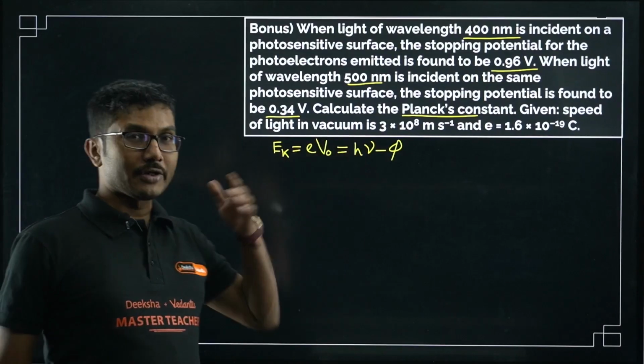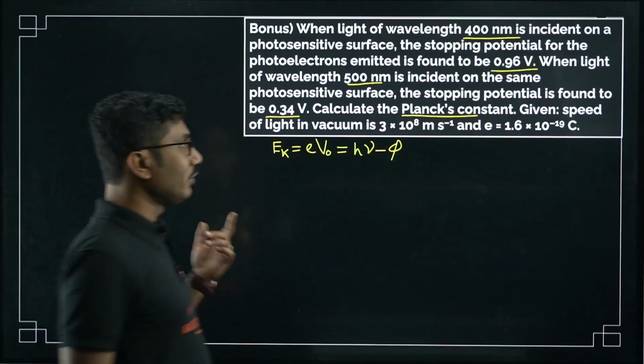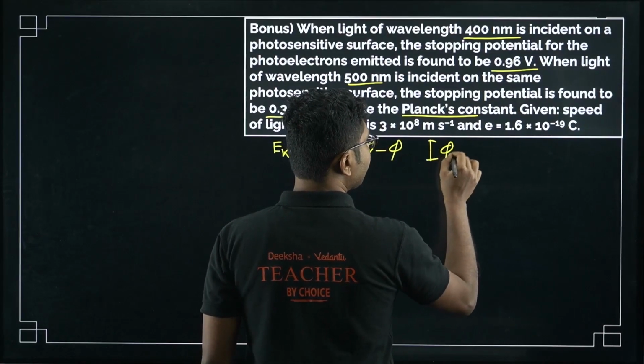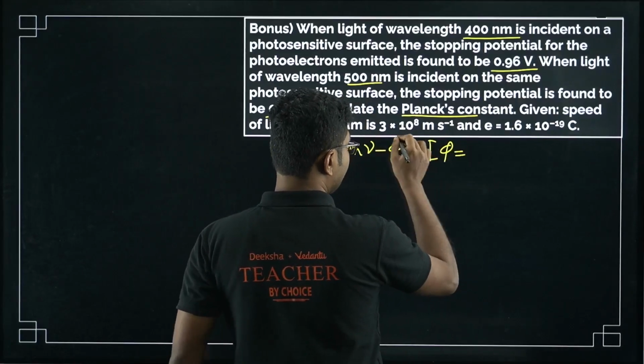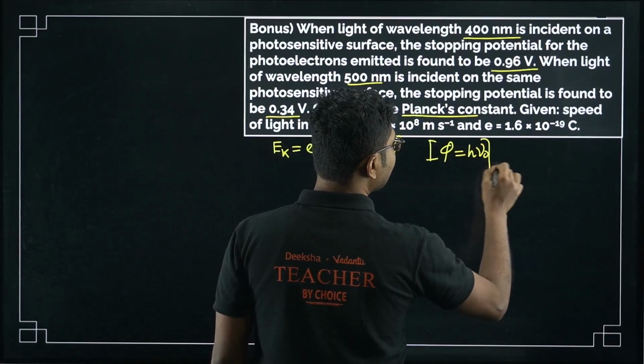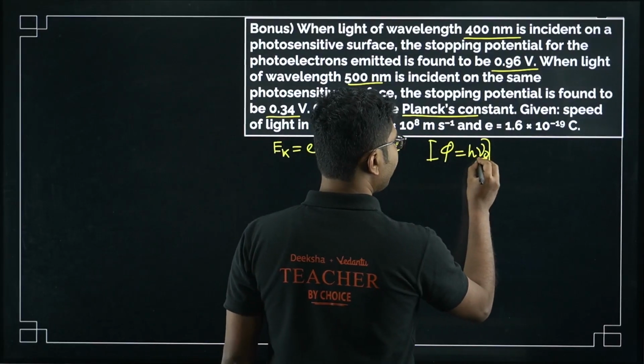Nu is the frequency of the light used, and phi is the work function. Sometimes we will use this as h nu naught, where nu naught is the threshold frequency.